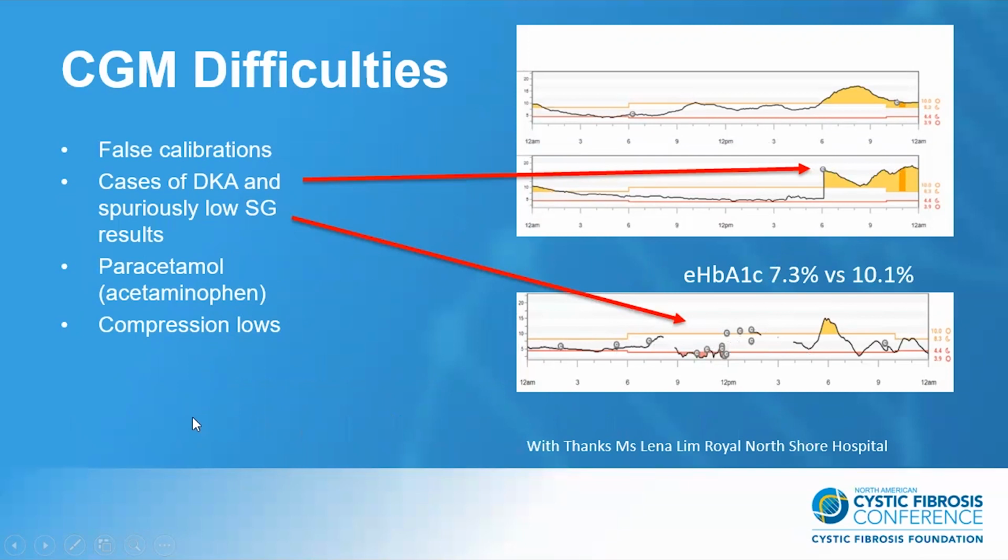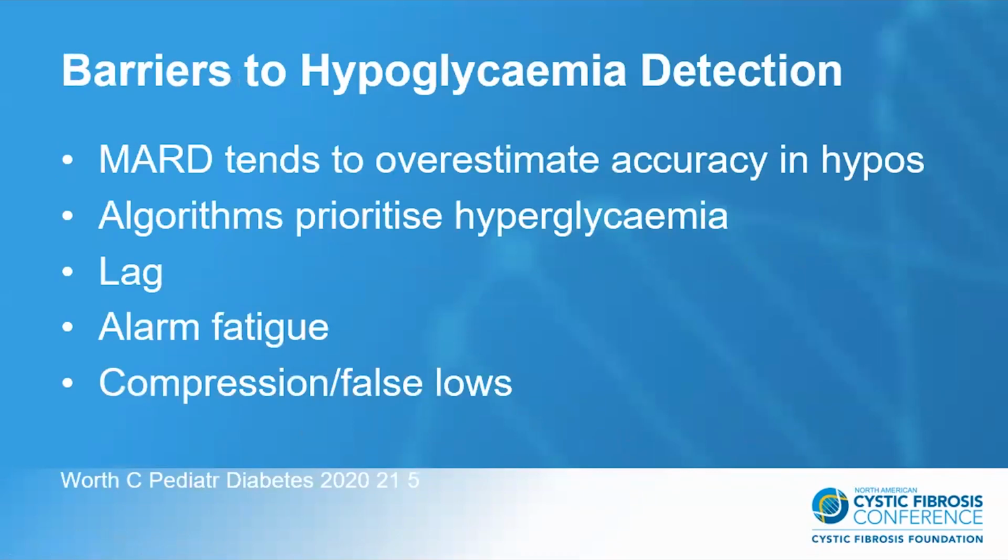Paracetamol can interfere with some CGM systems, resulting in false highs, and lying on your sensor, particularly at night, causing compression, can result in false lows. So it's important to do finger prick testing in both those situations. There are some barriers to hypoglycemia detection. So CGM systems are essentially designed mostly to focus on hyperglycemia.